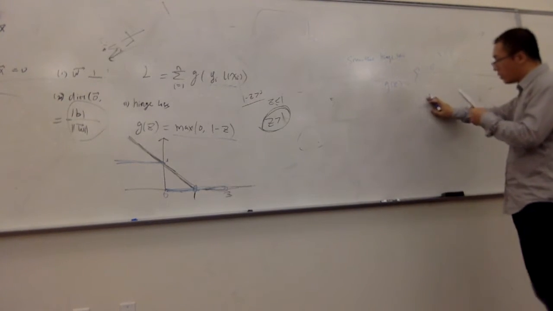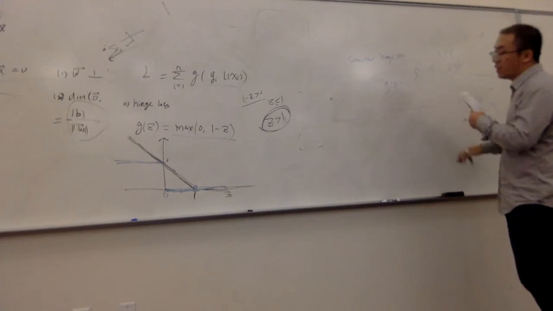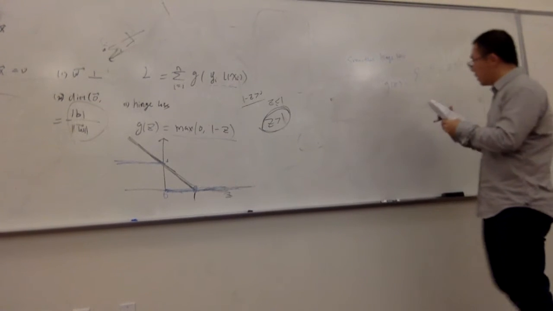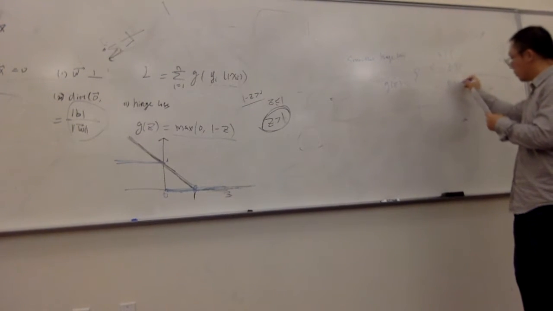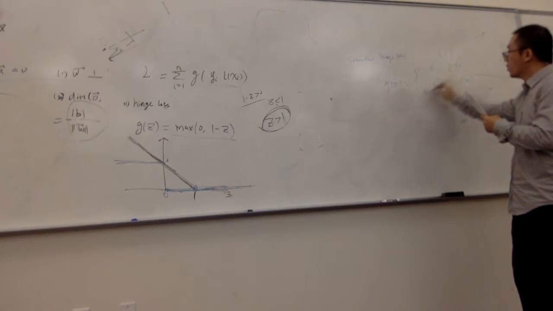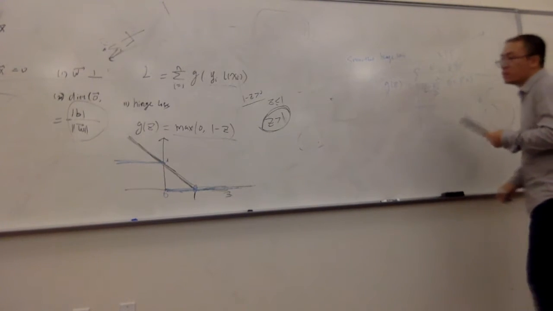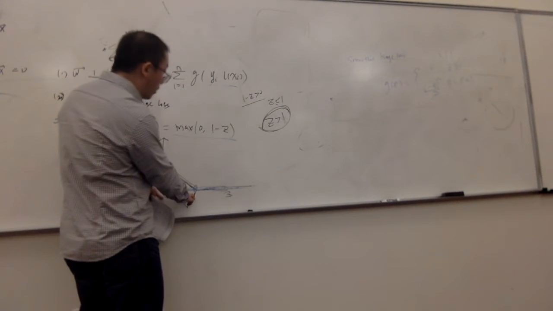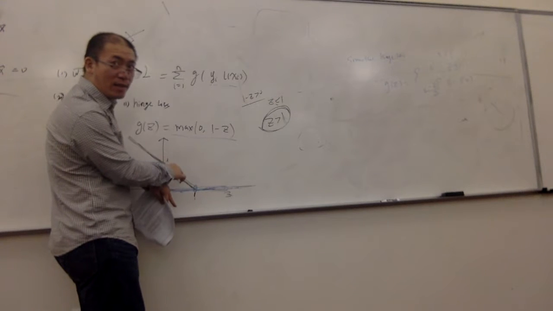Which is defined as here. Again, we have 0 when z is bigger than 1. This part is the same as hinge loss. But when z is between 0 and 1, we have (1 minus z) squared over 2. So in this part, we're not using a line segment.